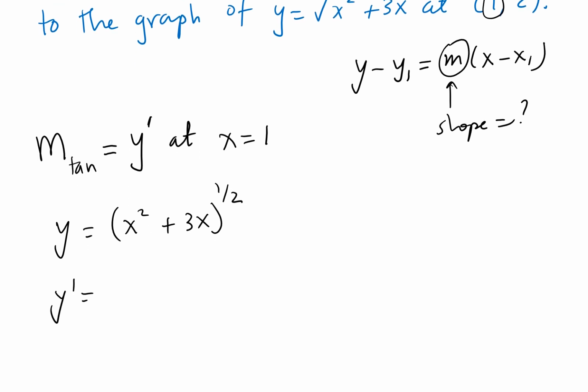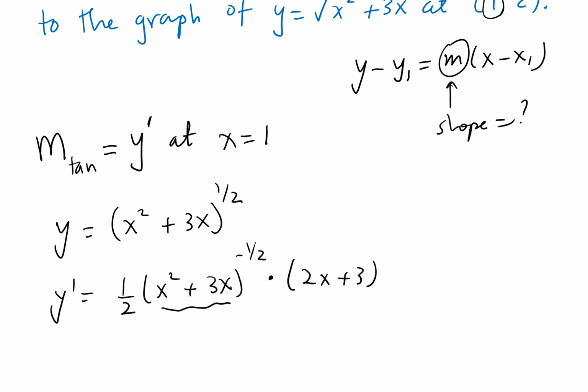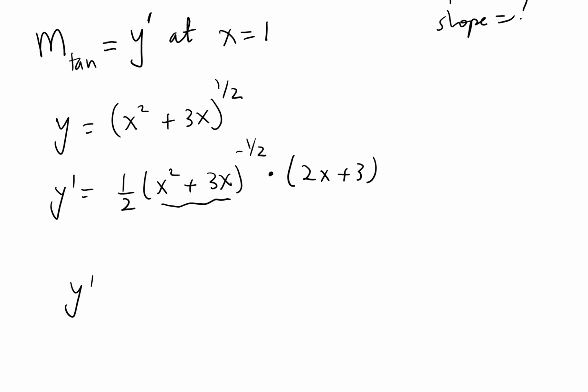Then y prime, bring the 1/2 down, subtract 1 from the exponent, times the derivative of this, which is 2x plus 3. Keep the 2x plus 3 on the top, 2, and bring that down, (x squared plus 3x) to the 1/2.